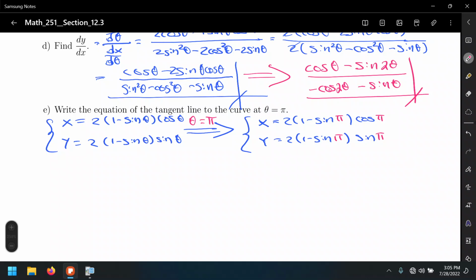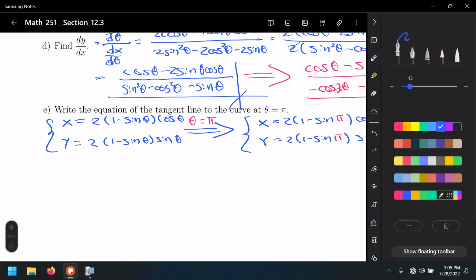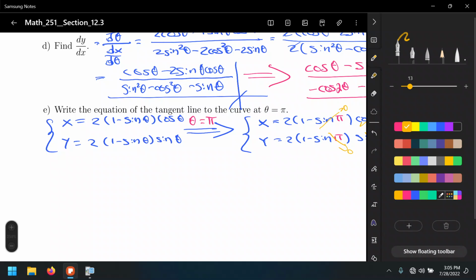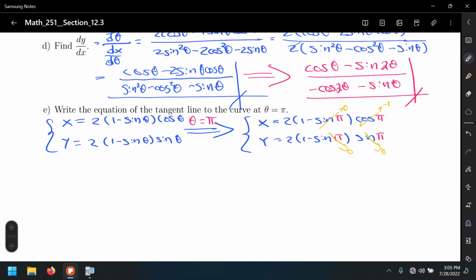Okay, let's simplify this. Cosine pi is -1, right? And sine pi equals 0. Again, sine pi equals 0. Sine pi equals also 0, which is great because the y value right here is going to be a 0.